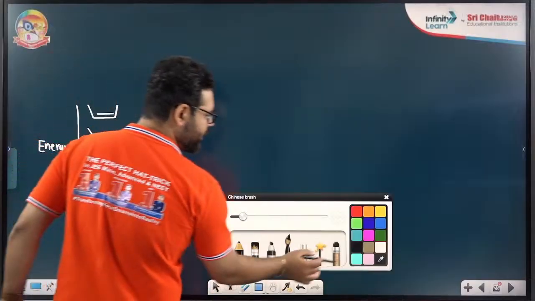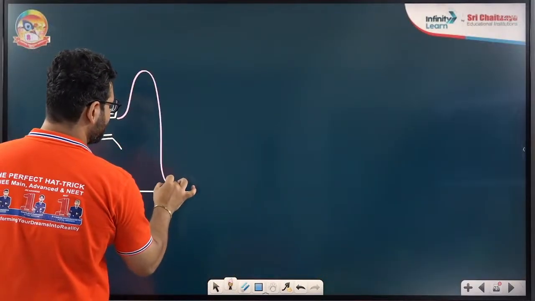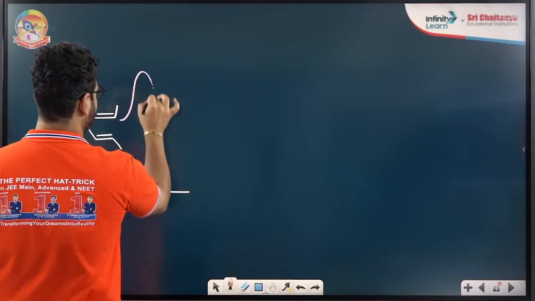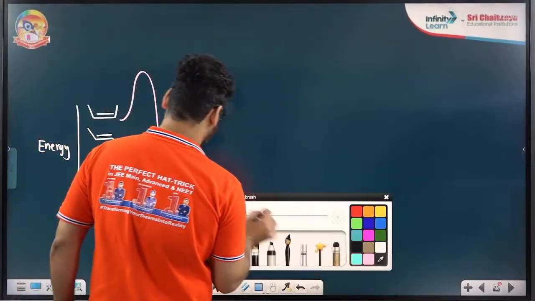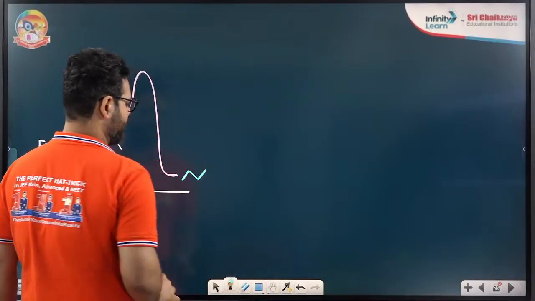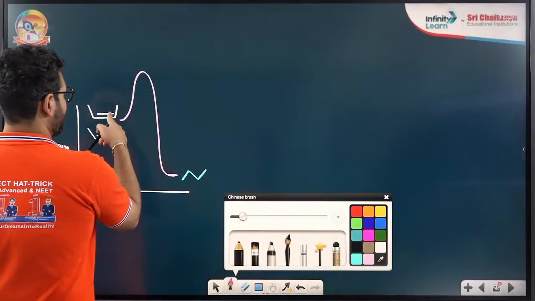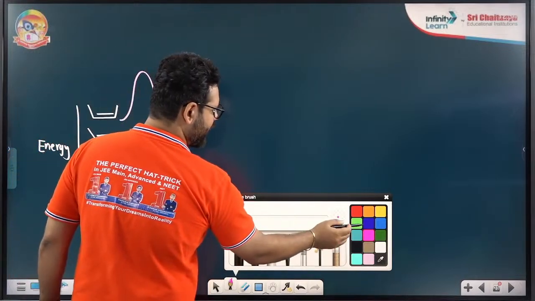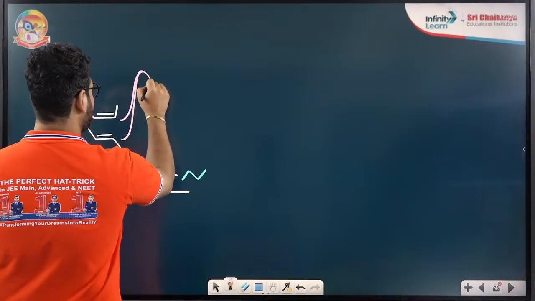When you add hydrogen, both of them are going to become butane. Let's say butane has this level. This is the final product, butane. The product of hydrogenation of cis-butene is butane, and of trans-butene is also butane only.